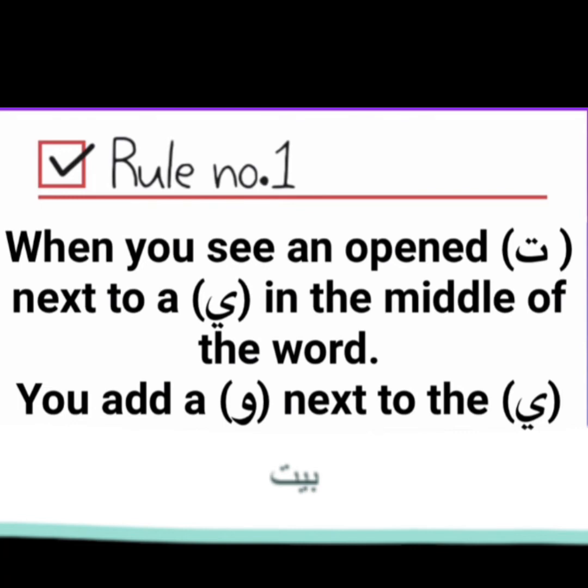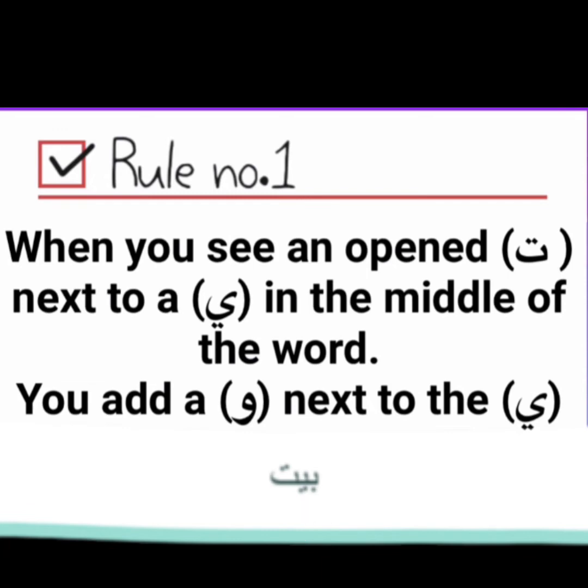Rule number 1 is when you see an open تاء مفتوحة in the word. Do we see an open تاء in this word? Yes, we do, by the end of the word, next to a ياء in the middle of the word. Do we see any ياء in the middle of the word?